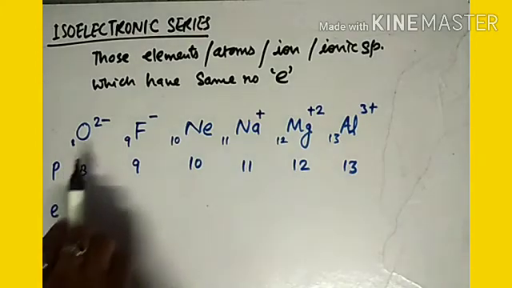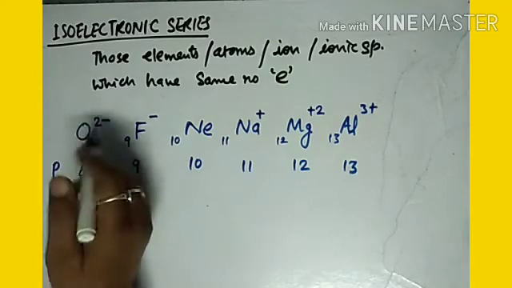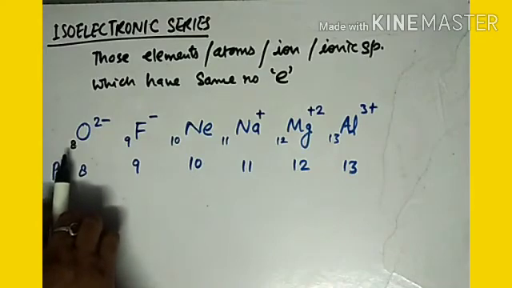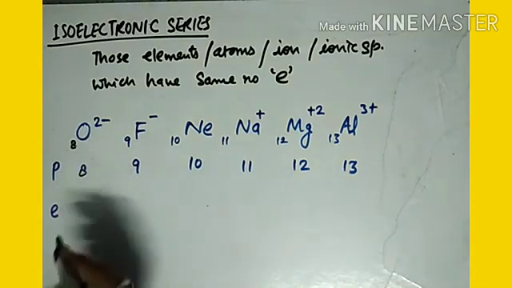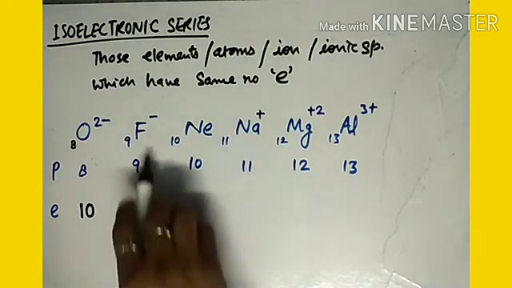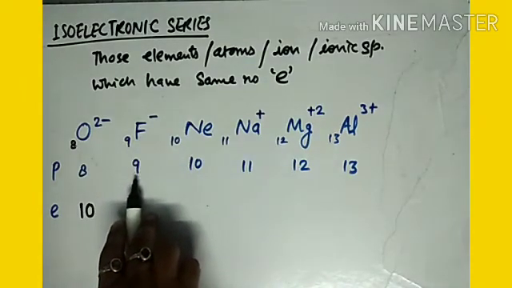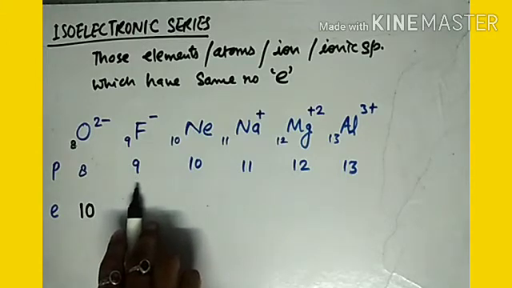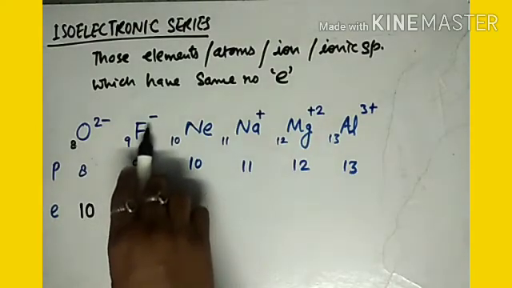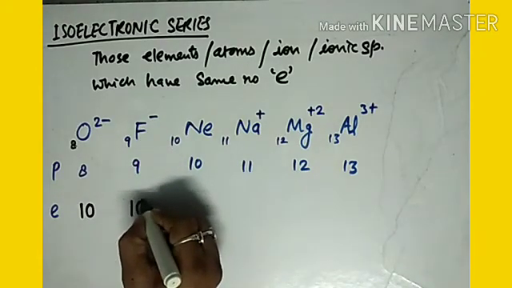You know that 2 electrons are added, that's why it is oxygen 2 negative, right? So in a neutral atom of oxygen we have 8 electrons, but 2 more electrons are gained. So basically 10 electrons are there, right? In the case of fluoride, there are 9 protons, and in a neutral atom of fluorine we have 9 electrons as well. But there is a negative charge, so we can consider 10 electrons here.